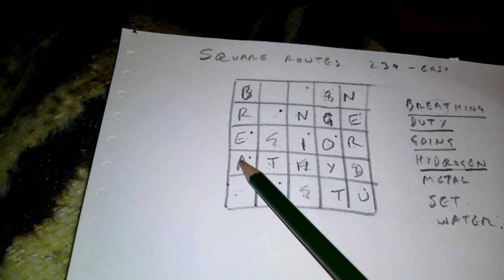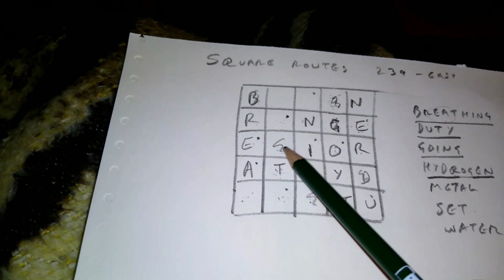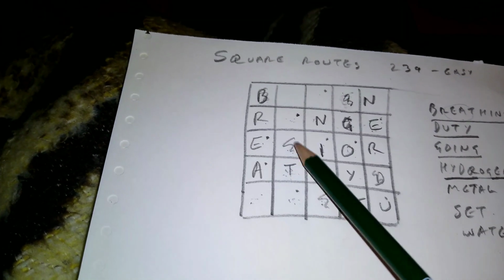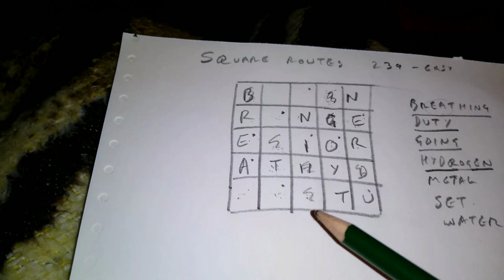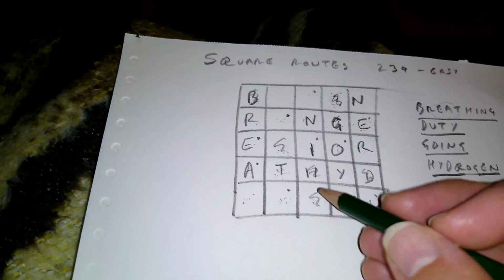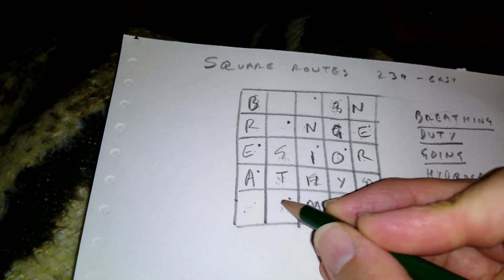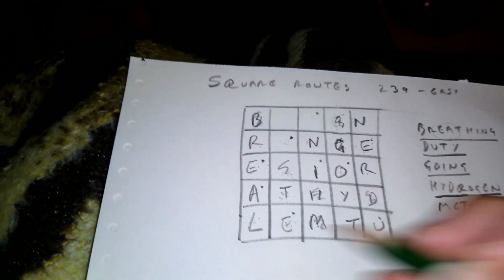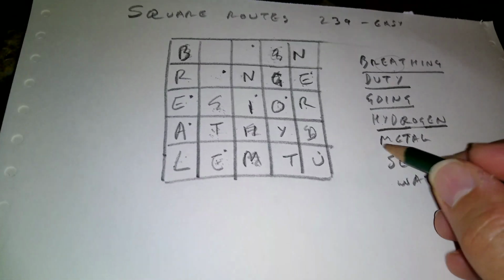Right, but then metal would have to go TAL, and that would have to be an E, which it can't be because it's a starting cell that's a consonant. So I think we've ruled out set doing that. It's got to be metal, like that. So metal's in.